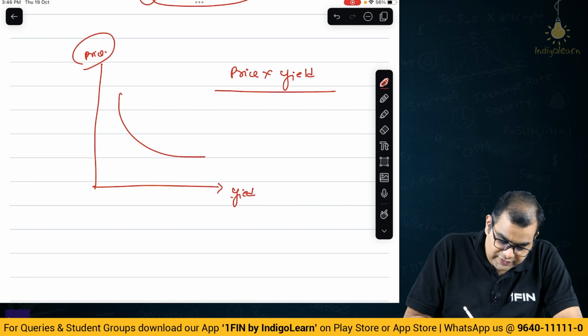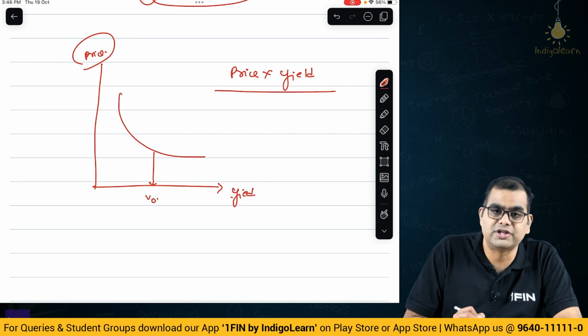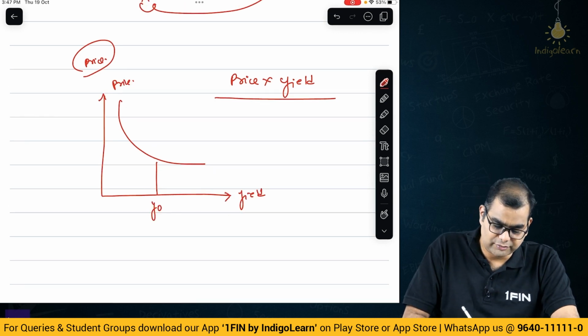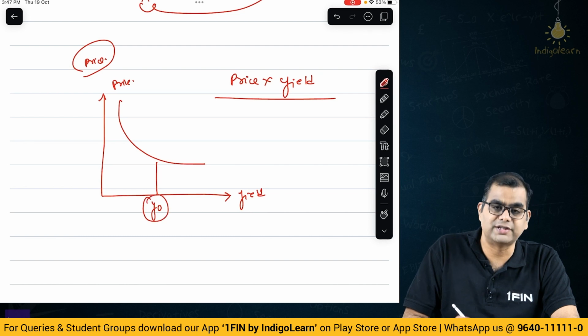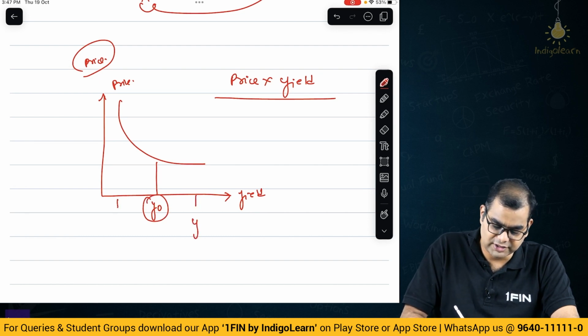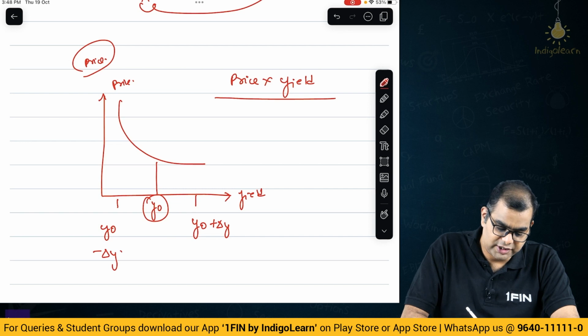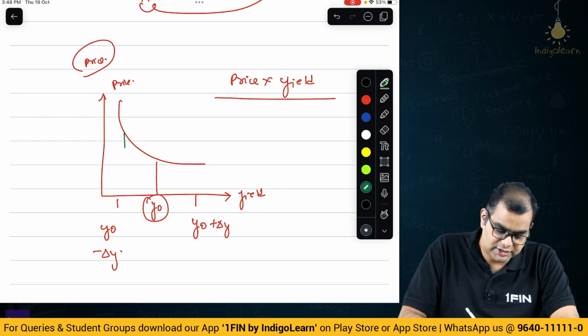Let us say this is yield y0. So there is this initial point called y0. Now you have another point here and another point here. This is y0 plus delta y and this is y0 minus delta y. These two points, the price is different.